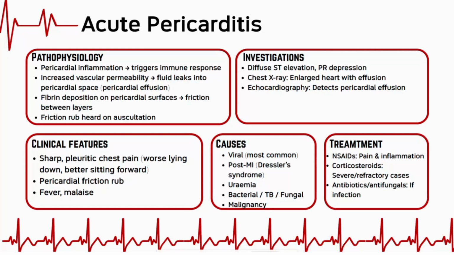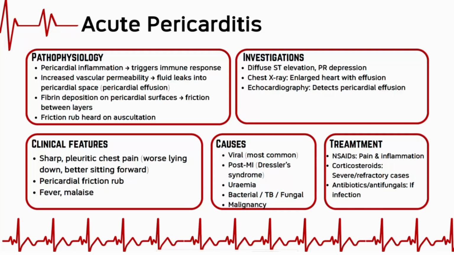In terms of your ECG, what you actually see is diffuse ST elevations, but they won't be as high as what we see in STEMIs, so ST elevation myocardial infarctions. Alongside these ST elevations, what we will see is PR depressions.